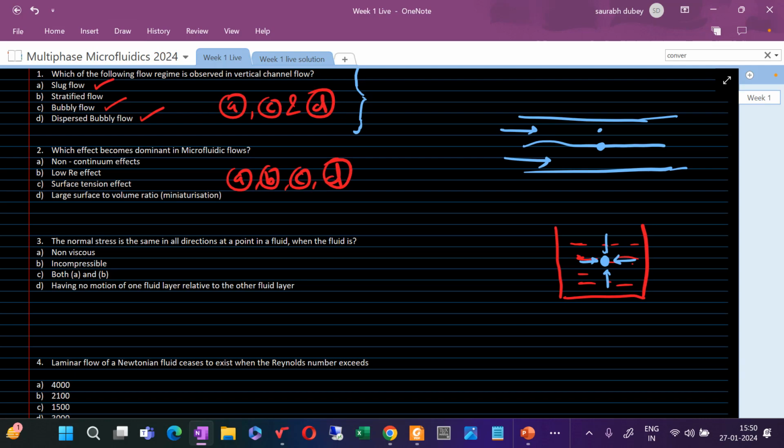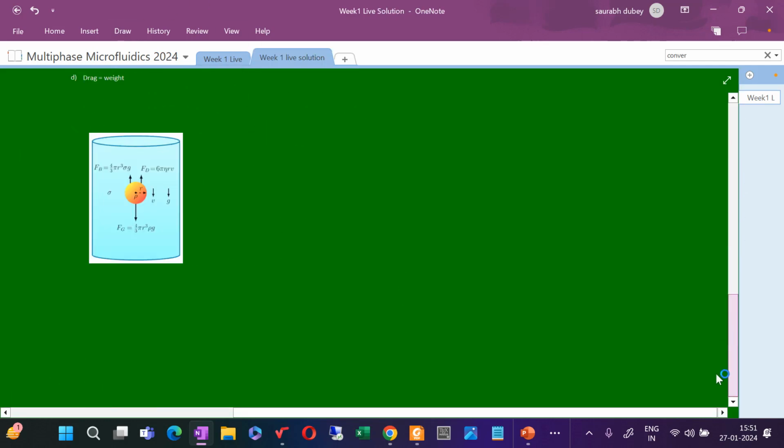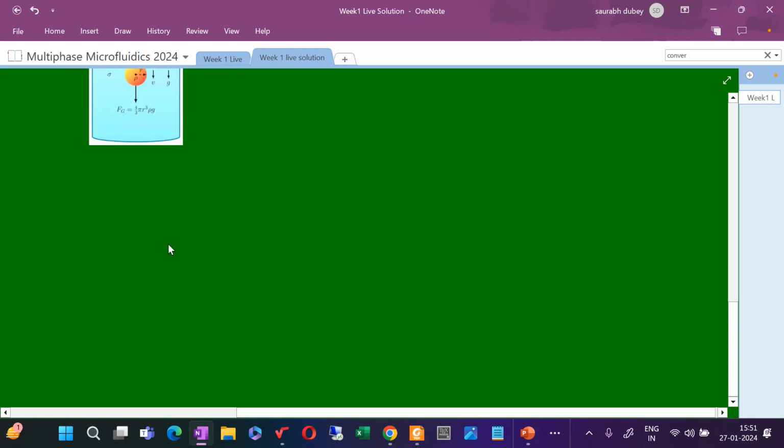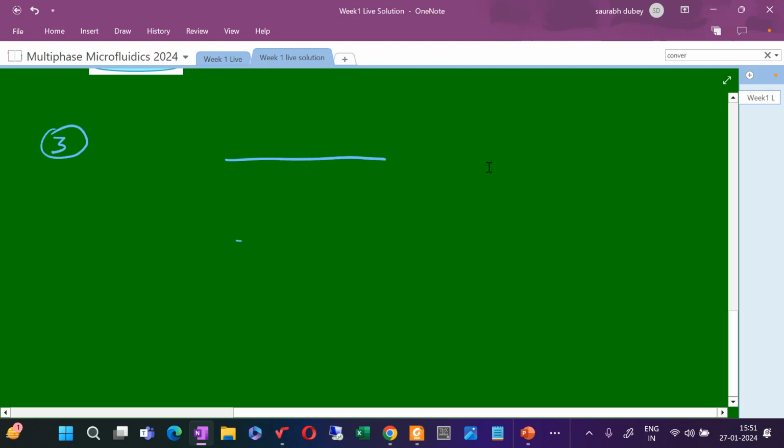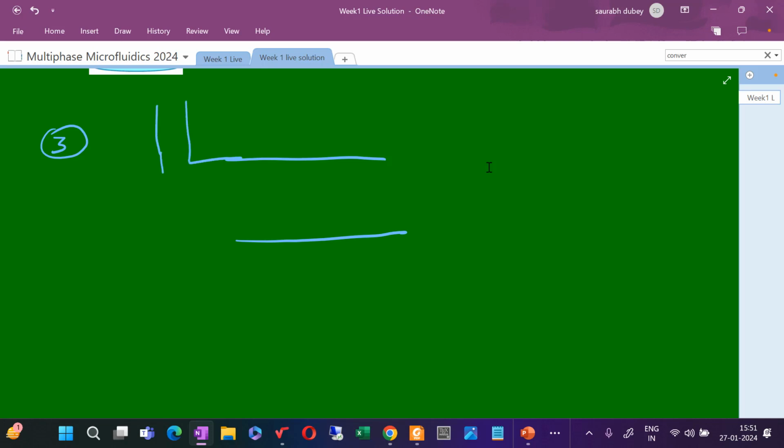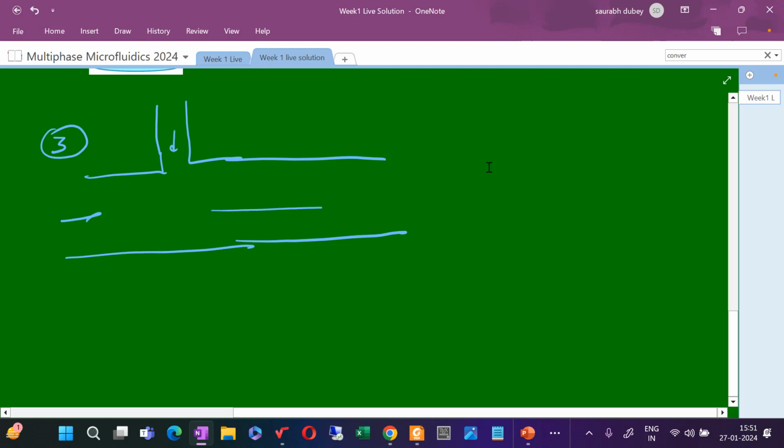For example, I will be doing that here. This is the third question. In this one, there is a channel, two fluids are coming up, one fluid from the front and this fluid from here, and this interface is created.